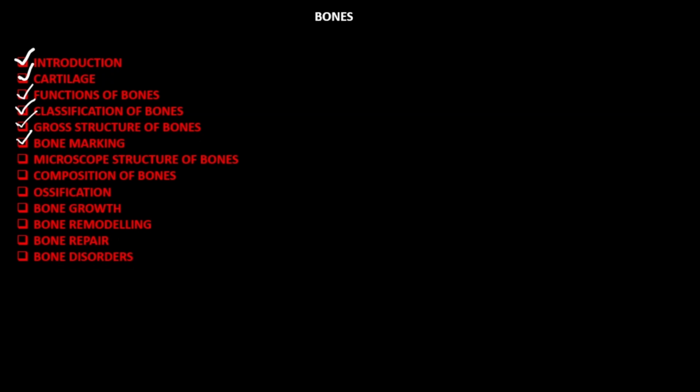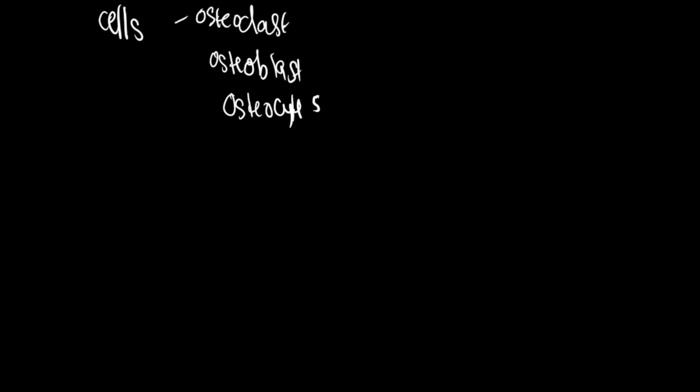In considering the microscopic structure of bones, we'd be taking a look at the cells that make up the bone. There are 5 major cell types that make up the bone. We have the osteoclast, the osteoblast, the osteocytes, then we have the bone lining cells, and then lastly we have the osteoprogenitor cells. This should have come first.